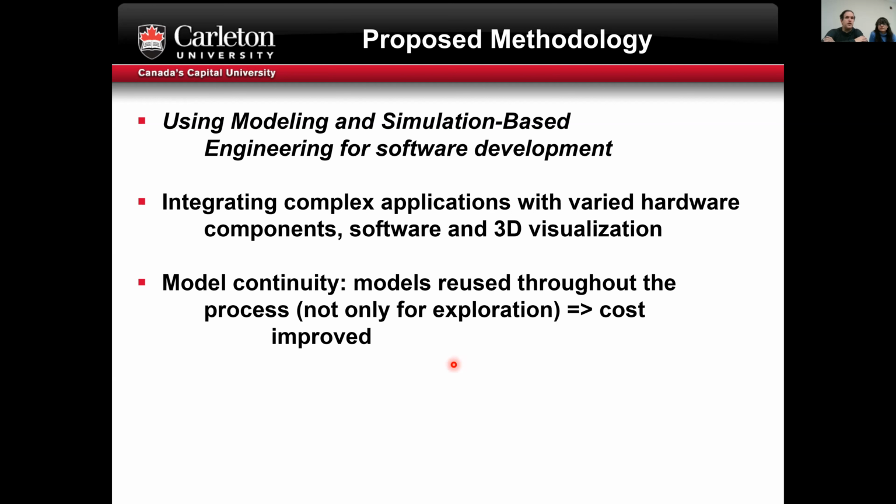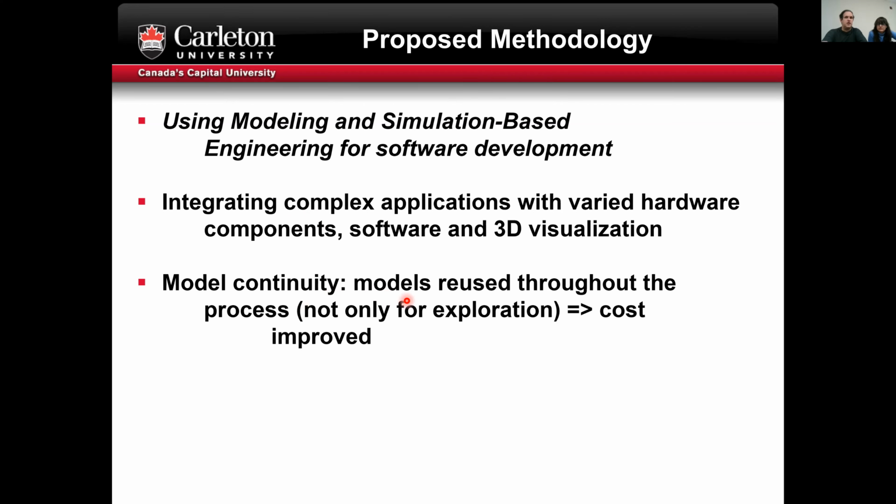So what we have been working on, which is related to the digital twin environment that we will show later, is that we build everything based on modeling and simulation, and we develop the software applications using a modeling and simulation-based environment. We have an engineering approach that integrates different models with model continuity.